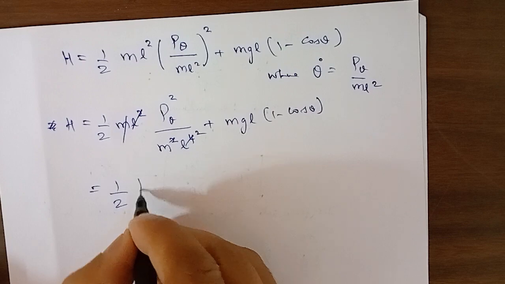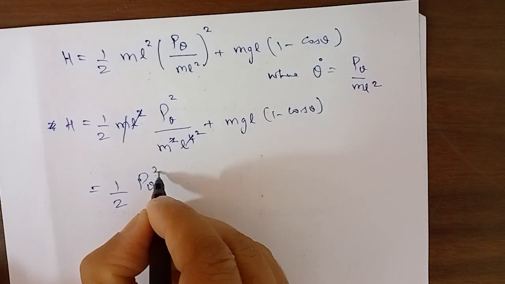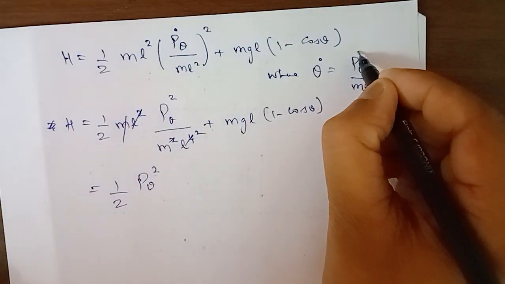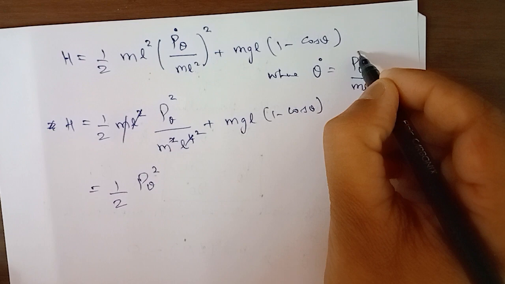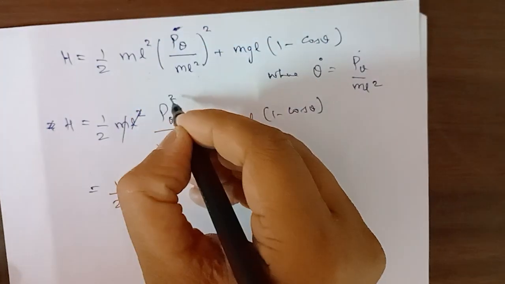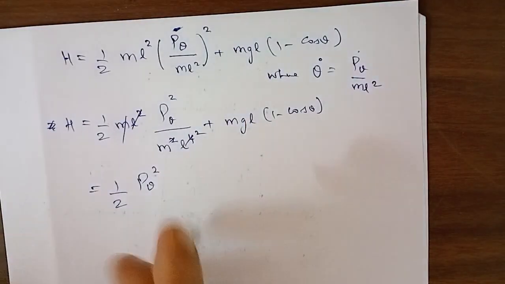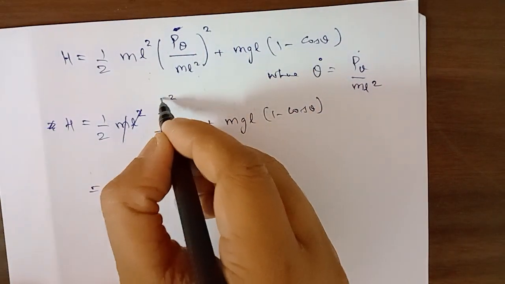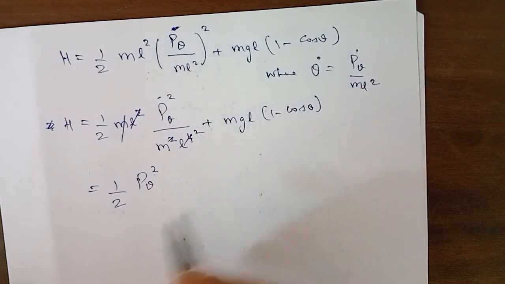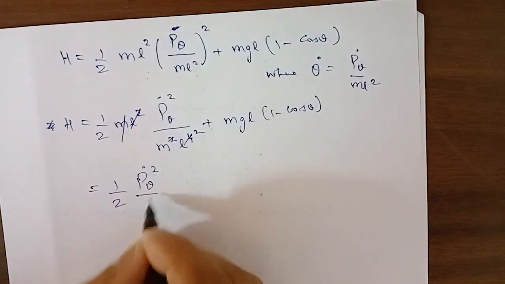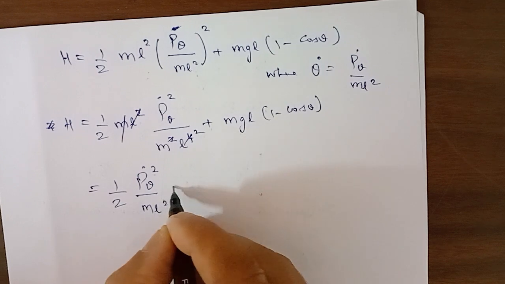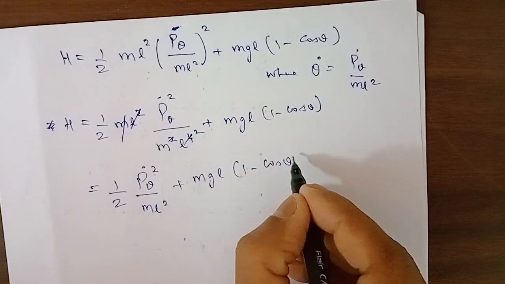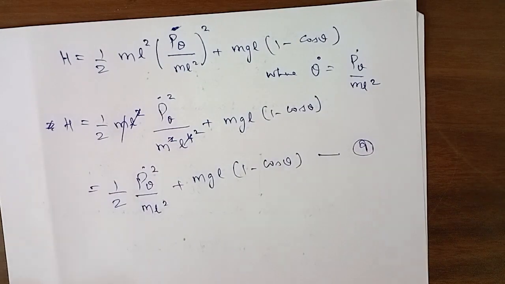Therefore half P theta square divided by ml square plus mgl into 1 minus cos theta, and this makes it equation number 9.